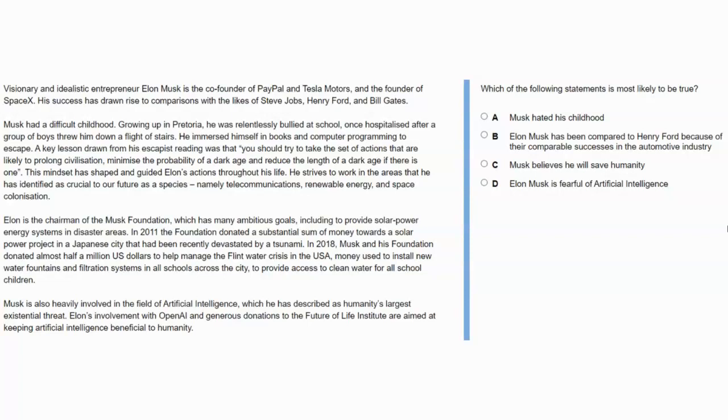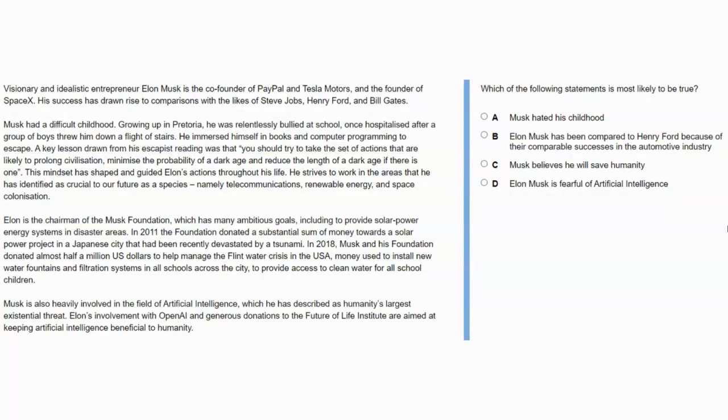His success has drawn comparisons. That's also correct though, because the second line itself says that. Anyone go for C or D?